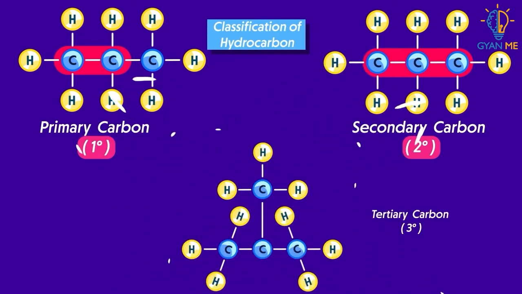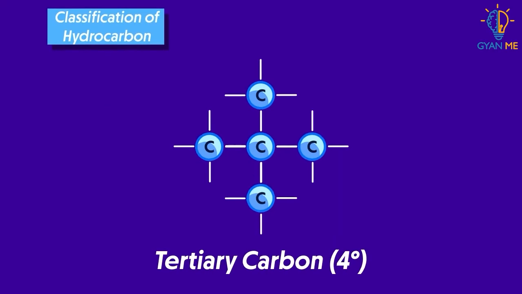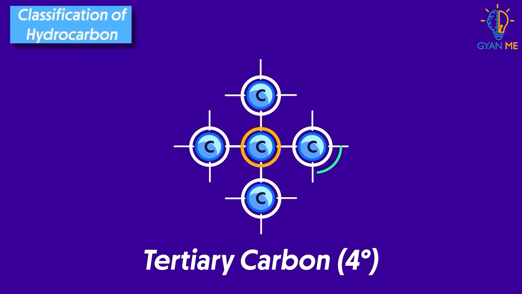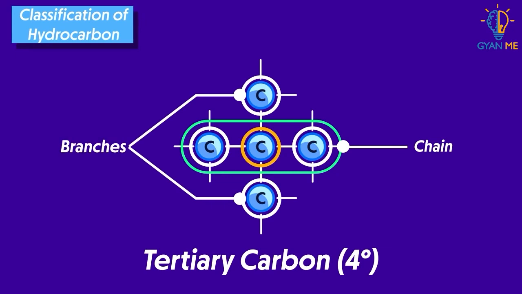It is called tertiary carbon, represented like this. And in the last structure, the central carbon is attached to 4 other carbon atoms. Observe, these 2 are from the chain and these 2 are of the branches that are present on the same carbon on the upper and lower side in the chain.